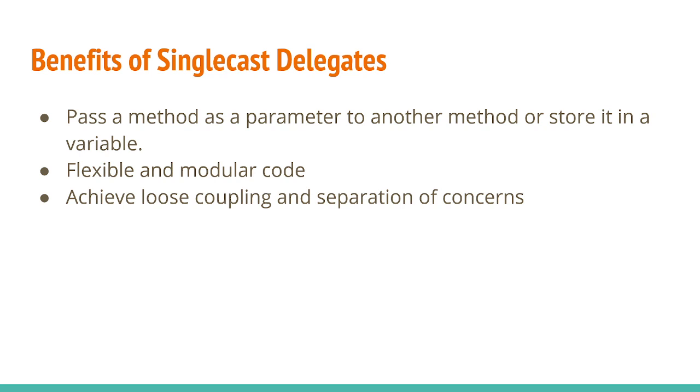Single cast delegates allow us to pass a method as a parameter to another method, or that reference can be stored in another variable. Delegates enable us to create flexible and modular code that can be easily reused and extended. Single cast delegates also help us achieve loose coupling and separation of concerns by encapsulating methods.